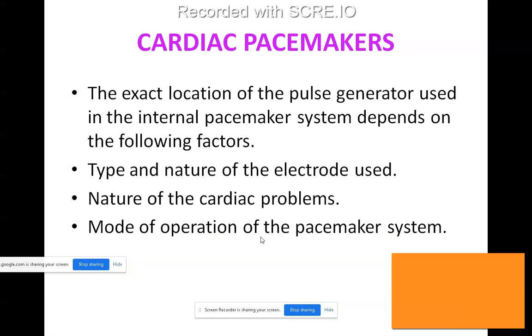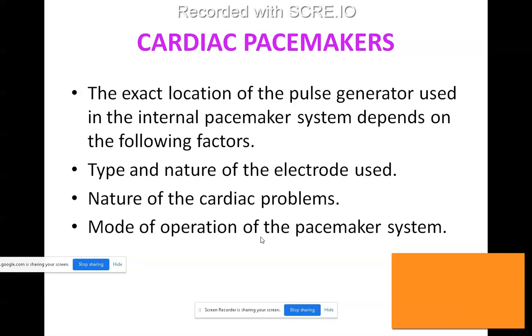The exact location of the pulse generator used in the internal pacemaker system depends on the following factors. The placing of the pacemaker will depend on some factors: the type and nature of the electrode used, so what type of electrodes you are going to use; and the nature of the cardiac problem, so what problem you are facing in your heart.